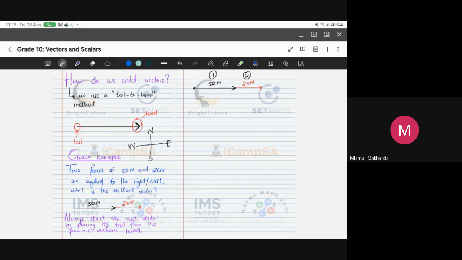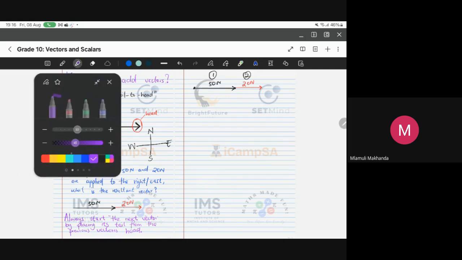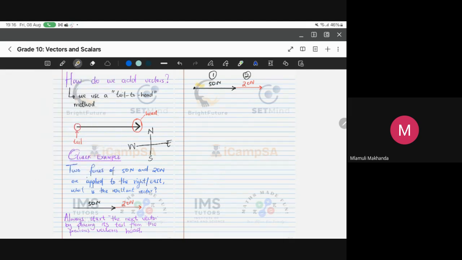Let's say I use orange. You draw it from the tail here to the head there. So that would be your resultant vector.